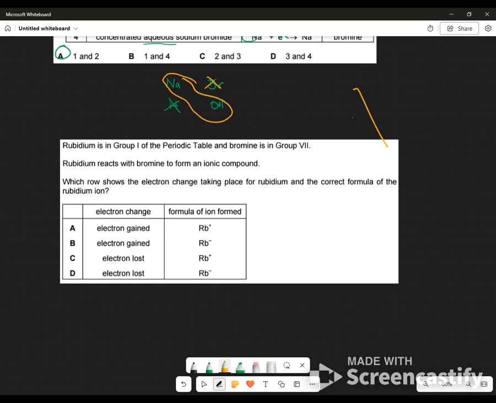A. You've got to read this one carefully. This is not really electrolysis. This is about an ionic compound being formed.